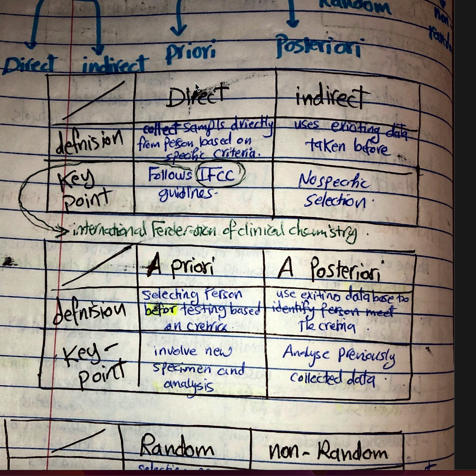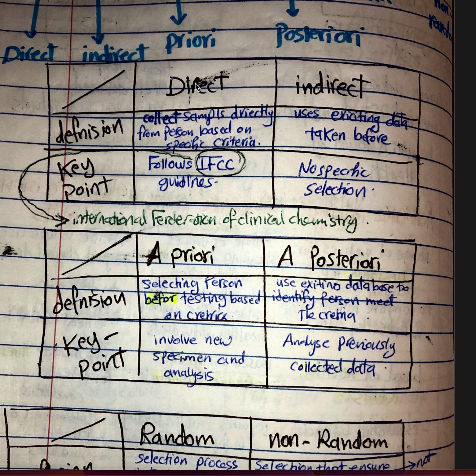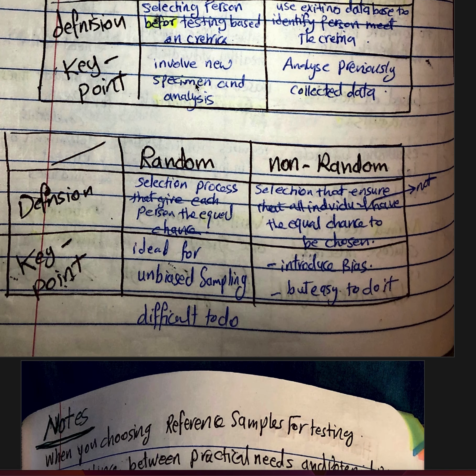I want a person who is, for example, a patient of a certain age, and then I collect the sample from the person. So I have a criteria on the person, not on the sample. But in the posterior, I have a criteria on the sample, not on the person. So I have data on this sample and then I search for this person. The other thing is random and non-random.